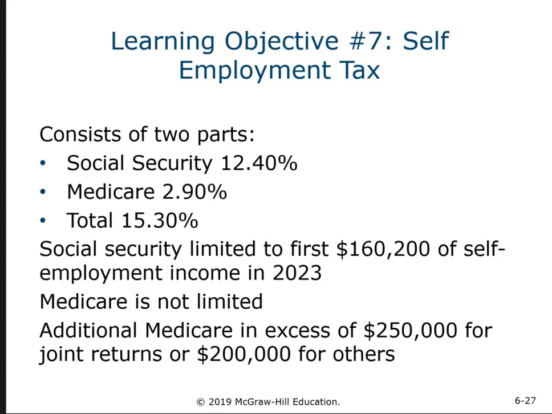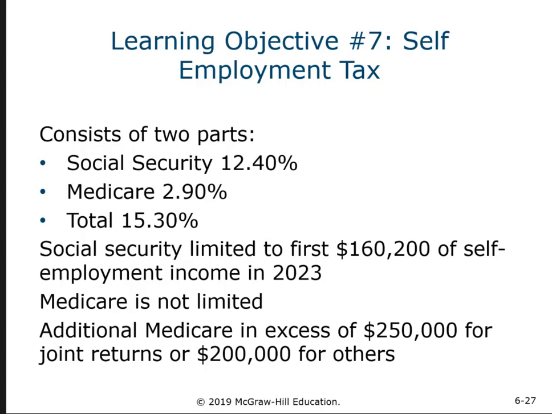We talked about this briefly back in chapter 4, because half of that self-employment tax is deductible for AGI. So it's also a deduction because they know they're going to require you to pay it here, but you do get a business type deduction for half of it.